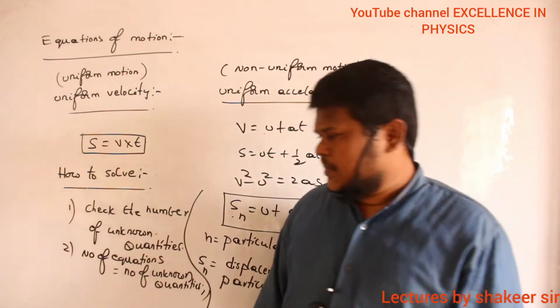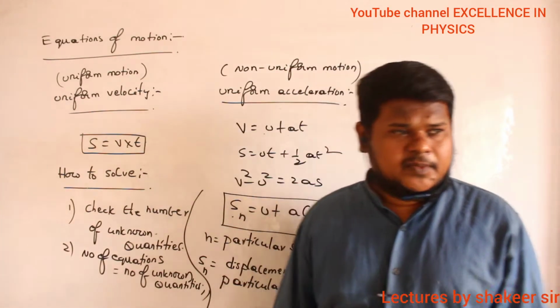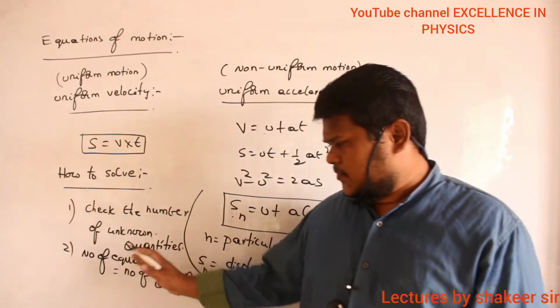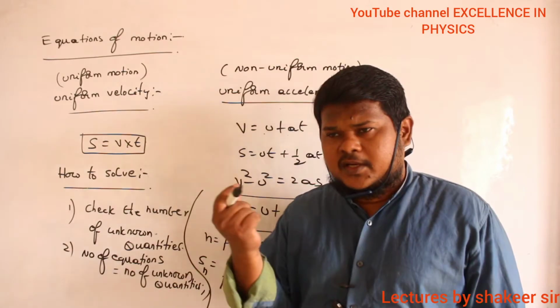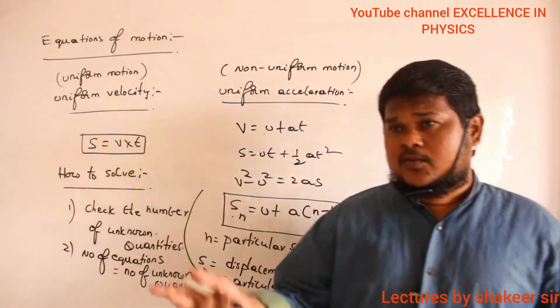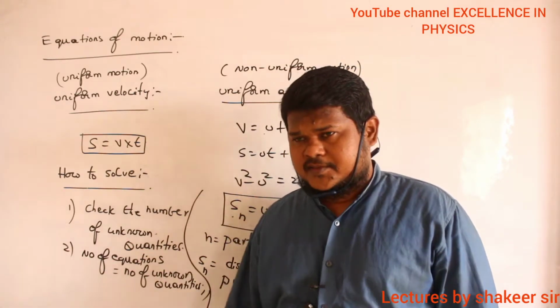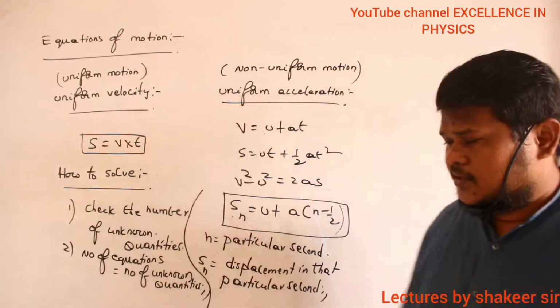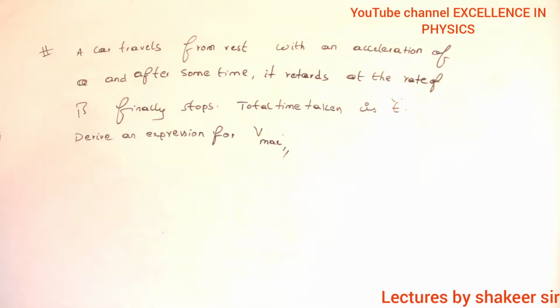Step number 1 is to see how many unknown quantities there are. Step number 2 is that the number of equations should be equal to the number of unknown quantities. For example, if you have only one unknown quantity, one equation is enough. Two unknown quantities, you require two equations. Three unknown quantities, you require three equations. Understood?